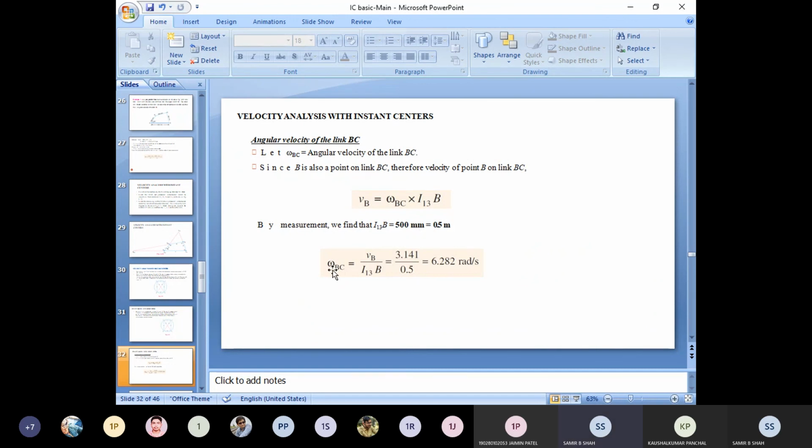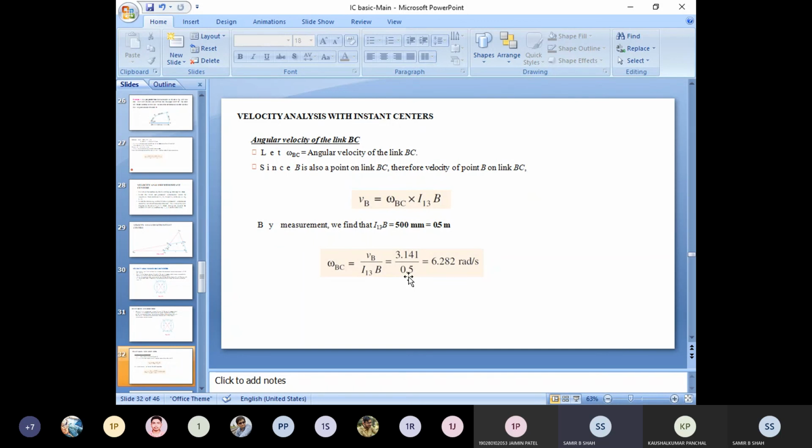So omega BC, the angular velocity, is equal to V_B by I13B, as we discussed initially, and we found V_B is 3.141 meter per second. So 3.141 by 0.5 gives 6.282 radian per second.